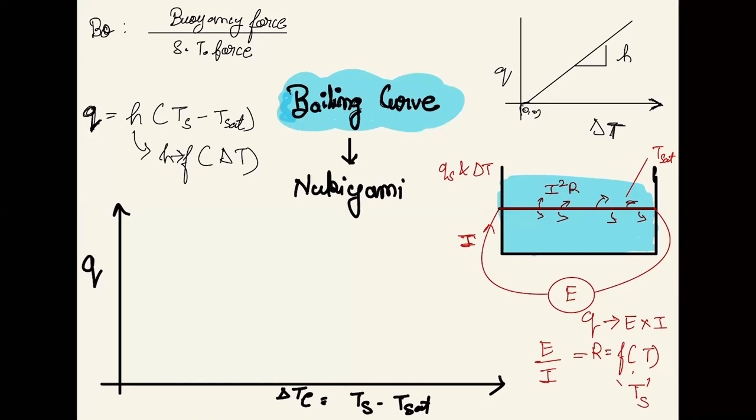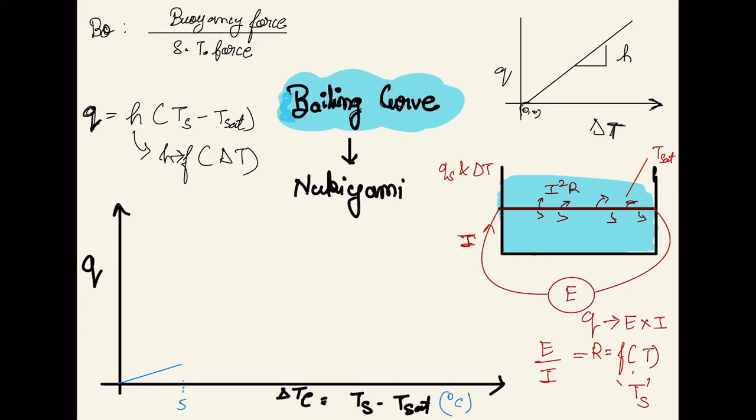What he saw was that until delta T of 5, he was not seeing the presence of bubbles. He said the rate is very slow, very sluggish, and I cannot see any bubbles formed till this point. So this is typically up to delta T equal to 5, and all this excess is in degrees Celsius. All right.